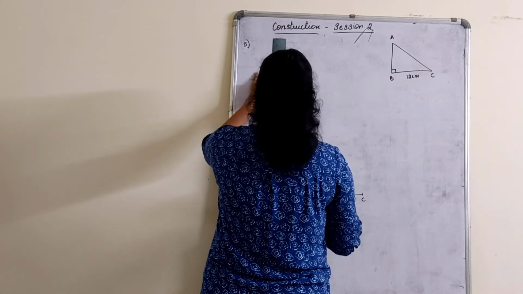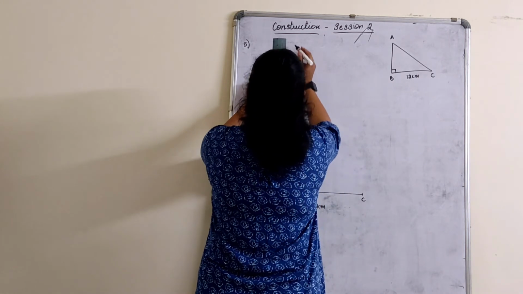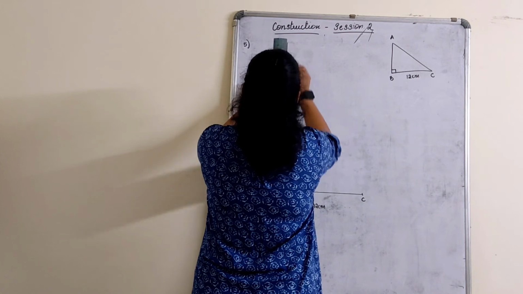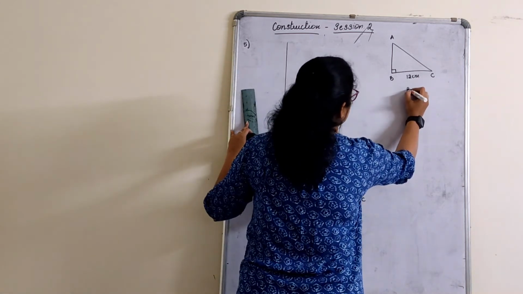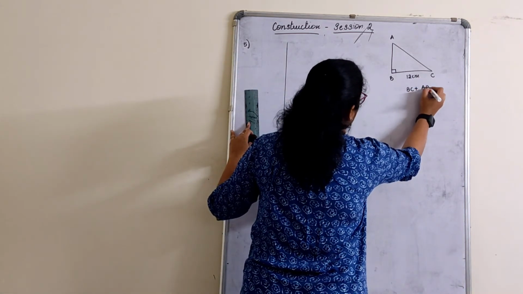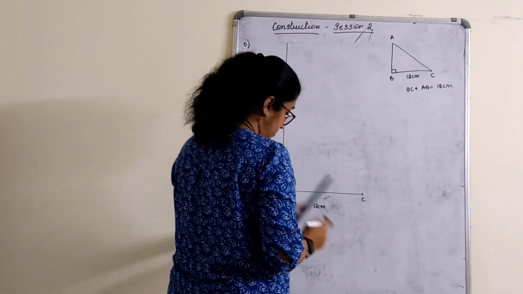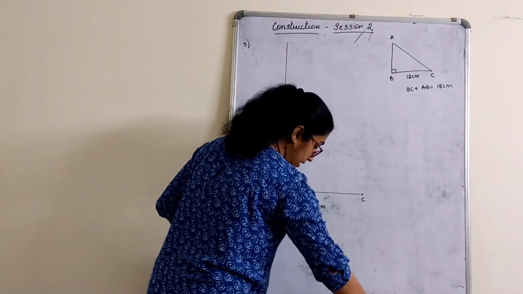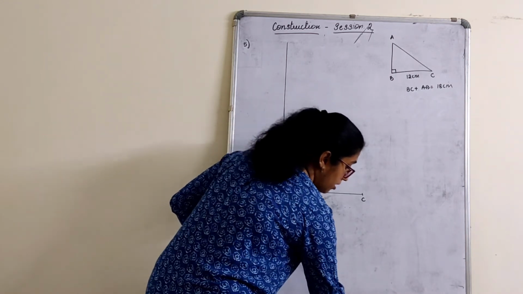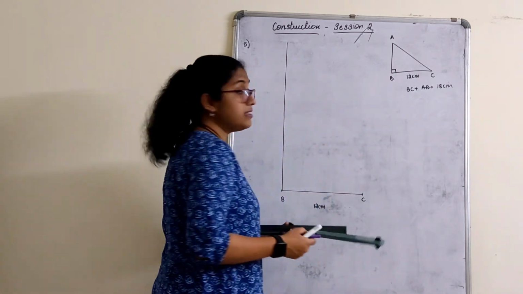If you have marked 90 degree, for what centimeter you have to cut this now? Because BC plus AB is equal to 18 centimeter according to them. I have to cut this for 18 centimeter now.